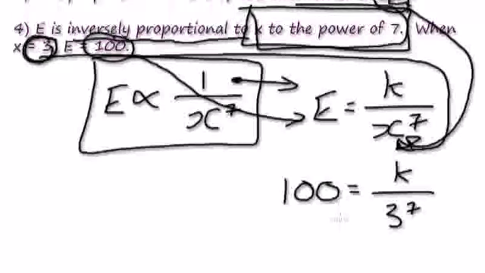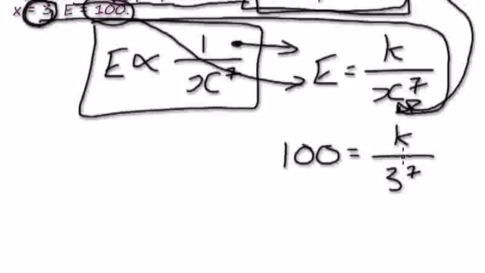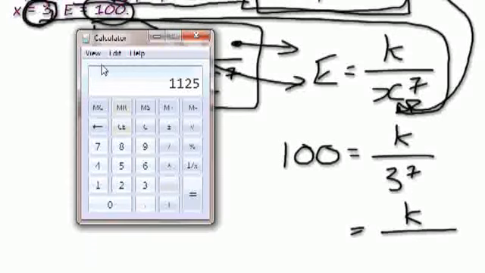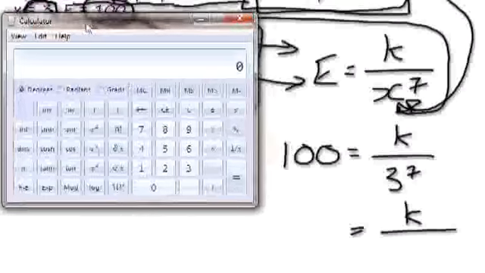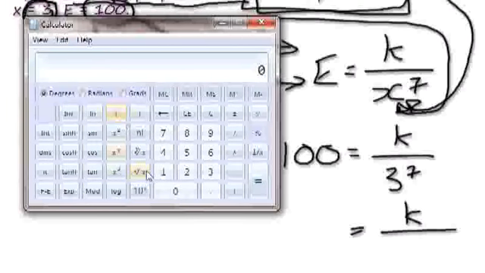Okay, now it's just a matter of finding out k. So this would be 3 to the power of 7. There should be a button on your calculator for to the power.